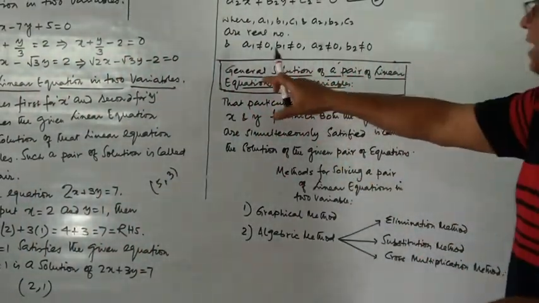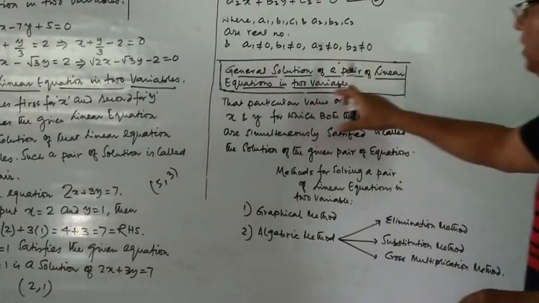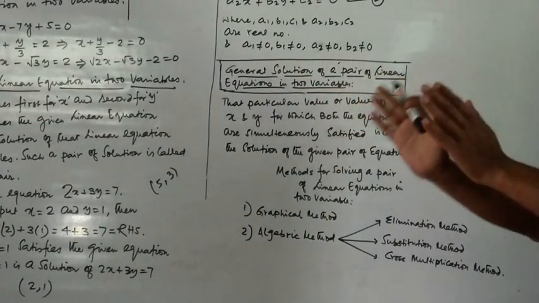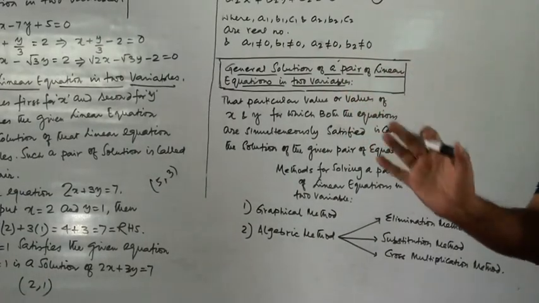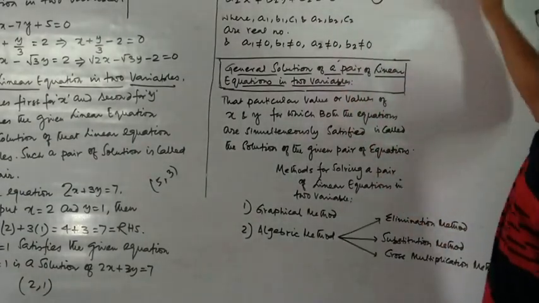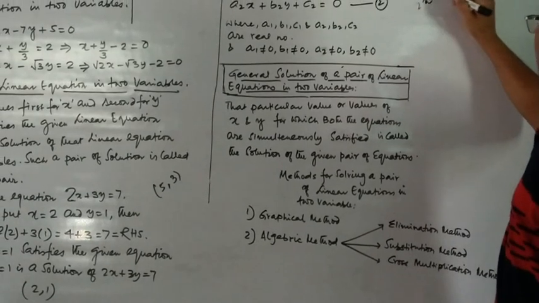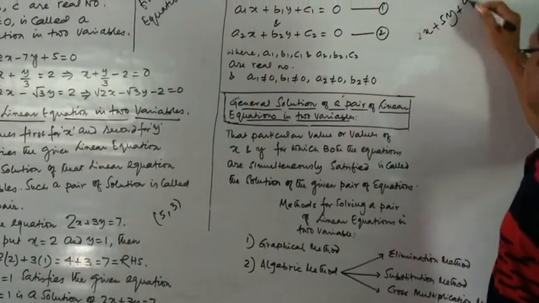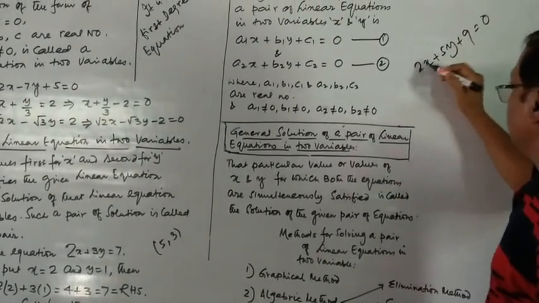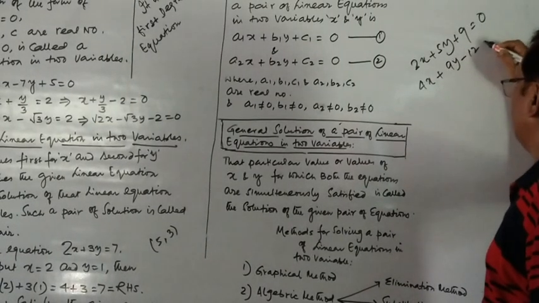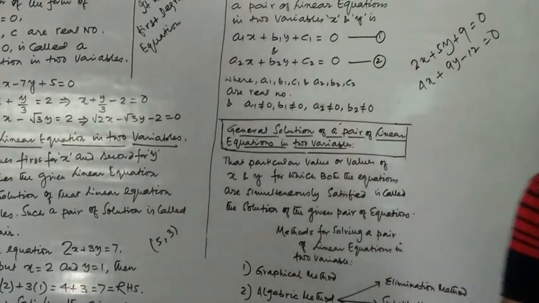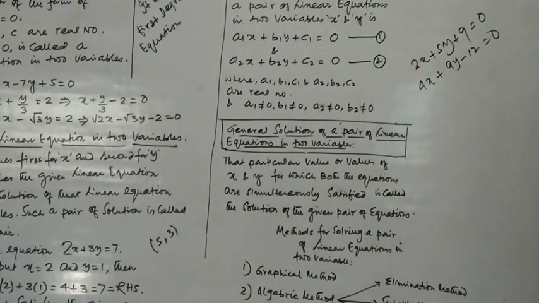That is known as the general solution of a pair of linear equations in two variables. Suppose you are given two linear equations, a pair of linear equations: 2x plus 5y plus 9 equals 0, and the second one is 4x plus 9y minus 12 equals 0.